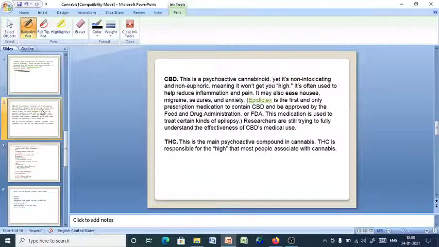It may also cause nausea, migraine, seizure, and anxiety. And THC, that is the tetrahydrocannabinol, this is the main psychoactive compound in cannabis. THC is responsible for the high that most people associate with cannabis.